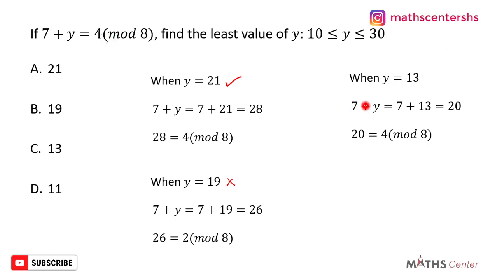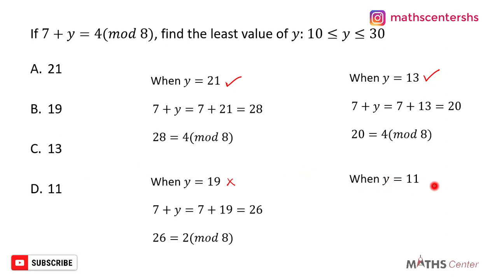We found earlier that it is true for y equal to 21, and now we have seen that it is also true for y equal to 13. Let's test the last one and see.